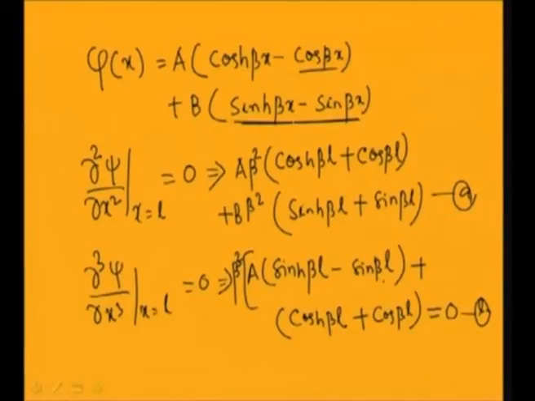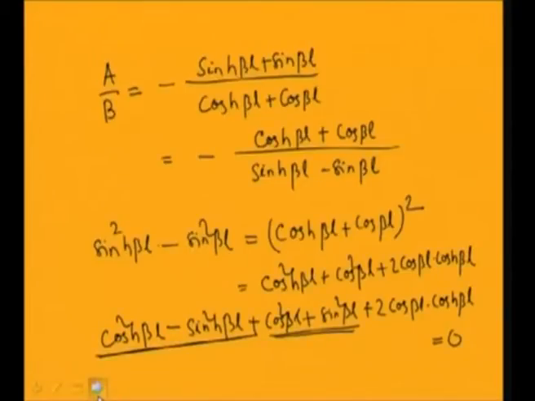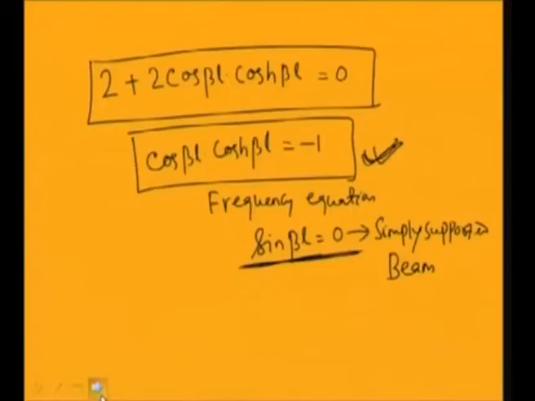And we have found the expression for a by b from these two boundary conditions. So either we can write a by b equal to this or this term. By writing that, we can write the expression for this phi x.